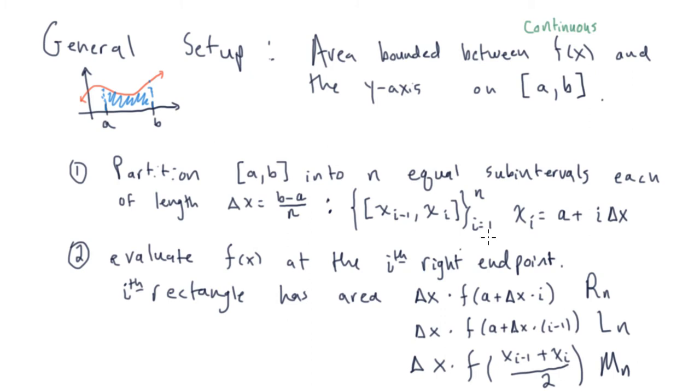So we're saying right endpoint, and if we're just going for the exact value and taking a limit, it's really not going to matter, so we might as well just use the right endpoint. But we can also do approximations by the left endpoint and the midpoint.